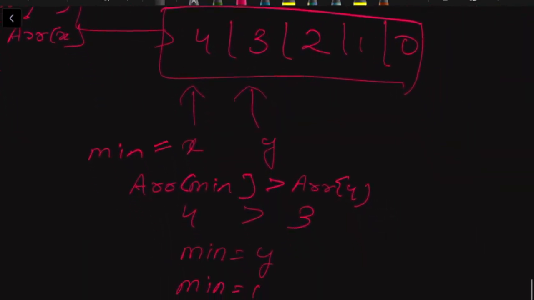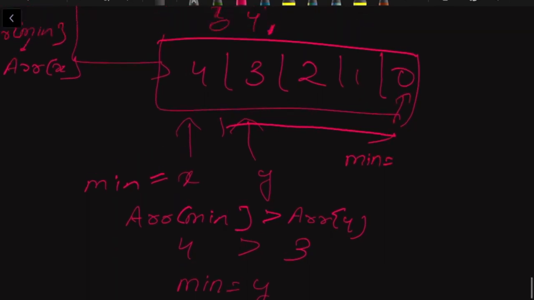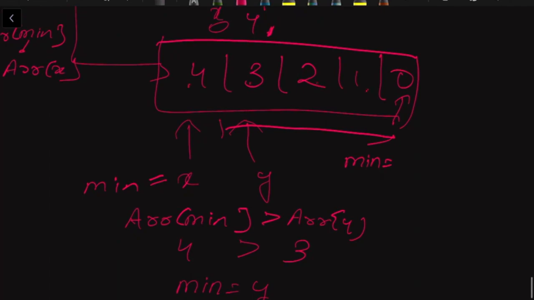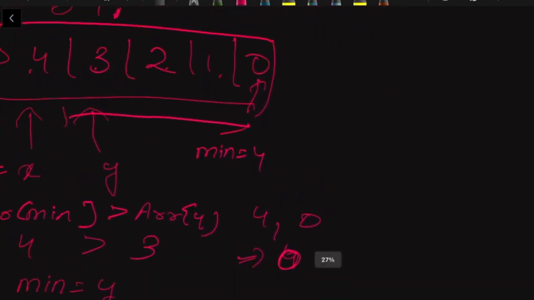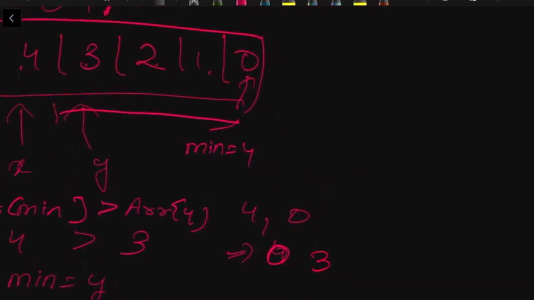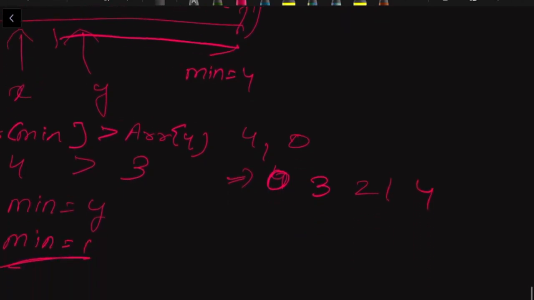So once we find the smallest element on the right side of the array, we'll just put minimum to that value. So in this case, the array is 4 3 2 1 0. In the first iteration, 4 is replaced with 0, so it will become 0 3 2 1 4.